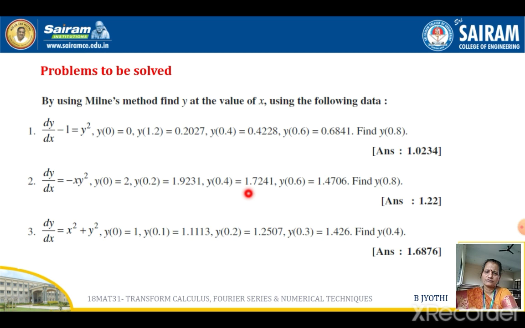That gives us 1 plus 0.1 by 2 into 1 plus 0.1 plus 1.1 the whole square, which gives us 1.115.